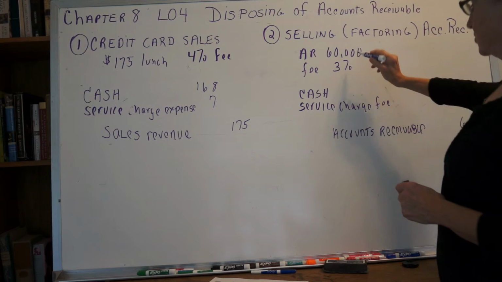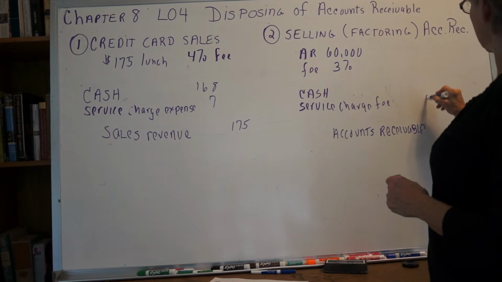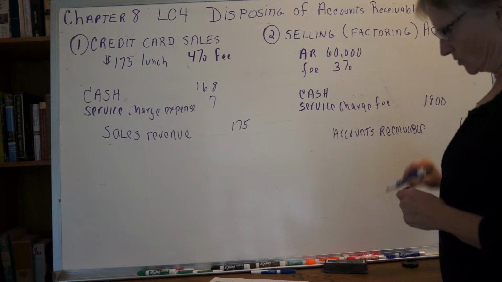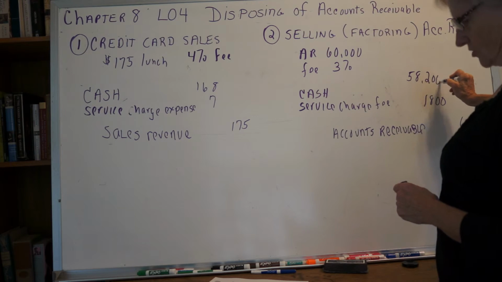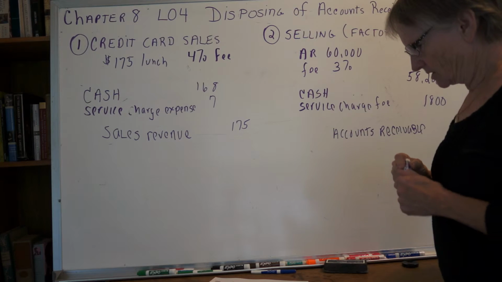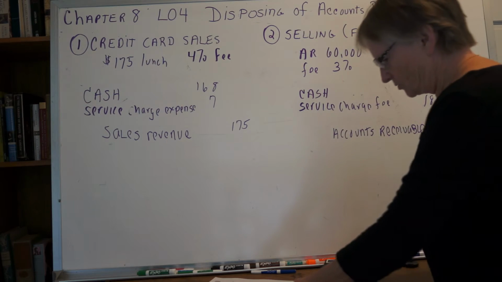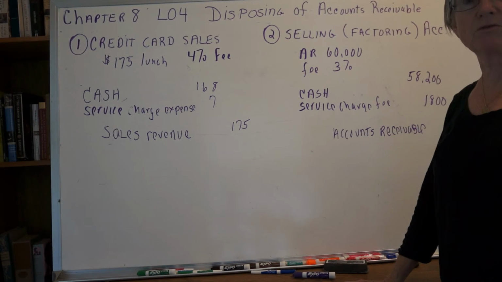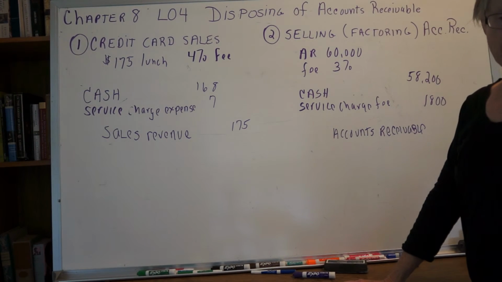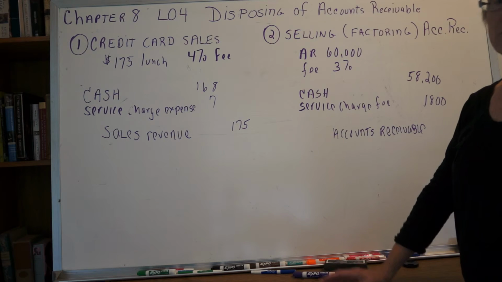Their fee is 3% times the $60,000, which would be $1,800, and we would receive a check for the $58,200.